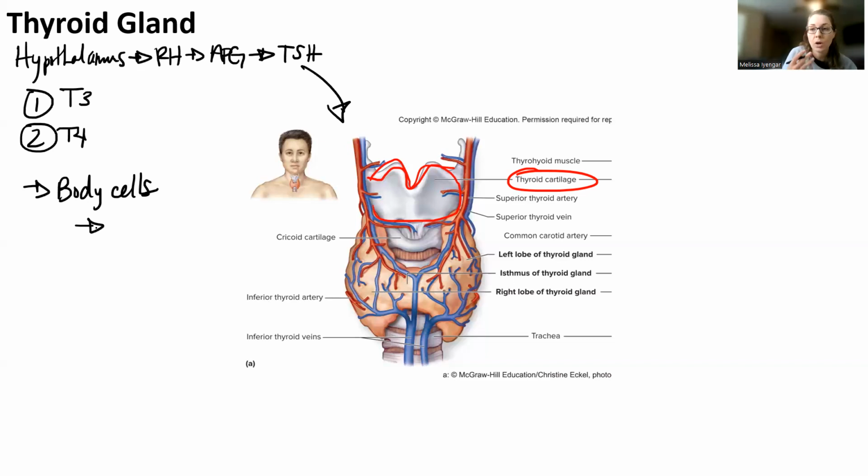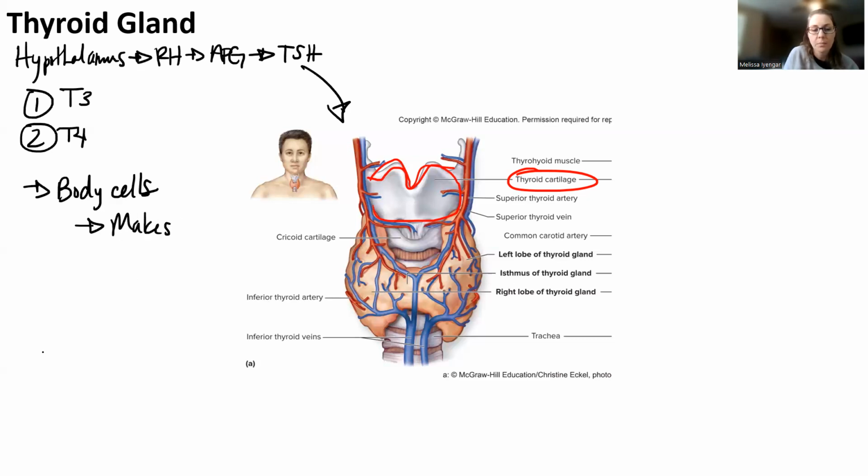When they target the body cells, their effect is this. The body cell has already absorbed sugar. So the sugar inside the cell now needs to be converted into energy. What T3 and T4 do is tell the cell how to convert the sugar into energy faster, basically.